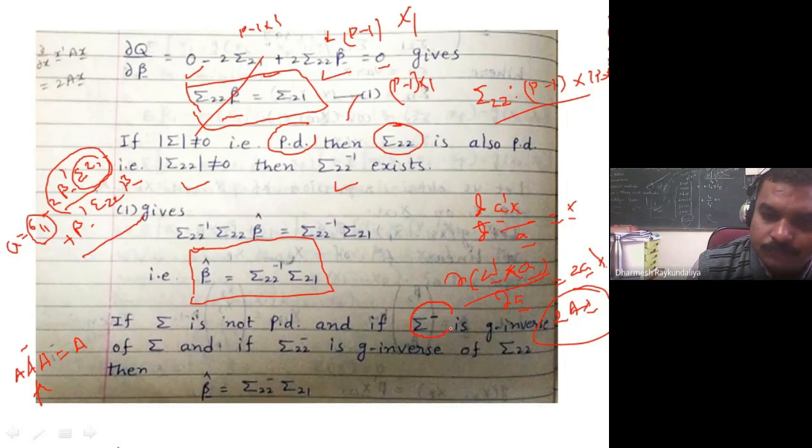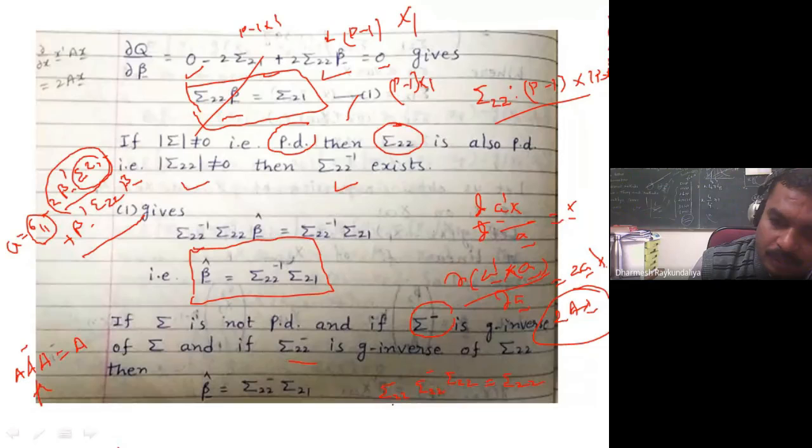At that time, the regular inverse does not exist, and therefore one has to go for the G inverse. So what is the G inverse of sigma 2 2? It is sigma 2 2 bar, which is a G inverse of sigma 2 2. What is the property of G inverse? Sigma 2 2, sigma 2 2 bar, sigma 2 2 is nothing but sigma 2 2.